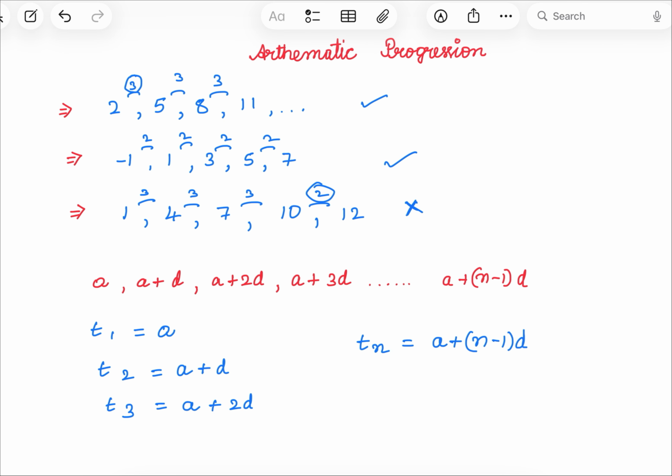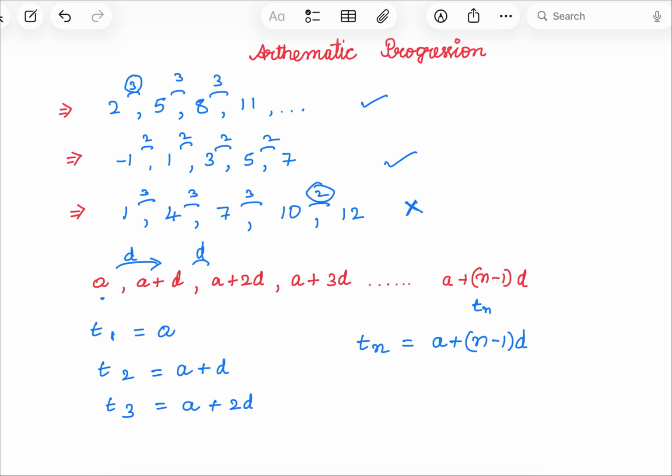See, the first term starts with A and we added the common difference D to the first term, then it is A plus D. And for the next term we added D and it is A plus 2D. So if the first term is A and the next term we added D, that's why Tn equal to A plus n minus 1 D.